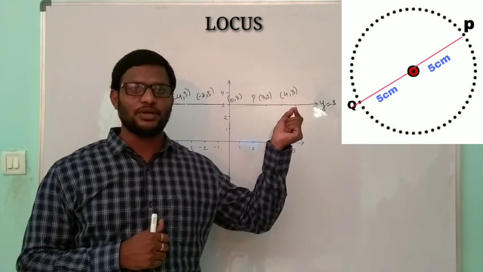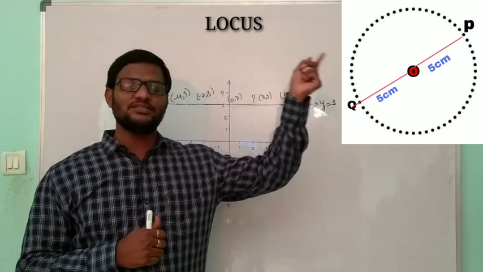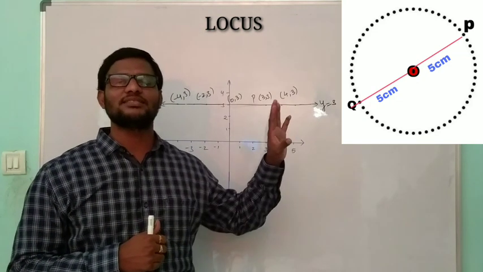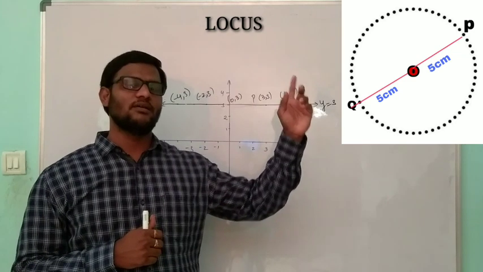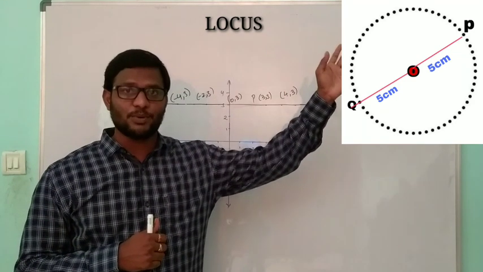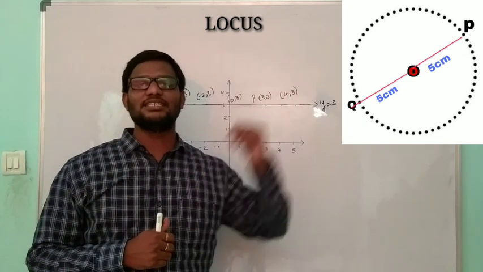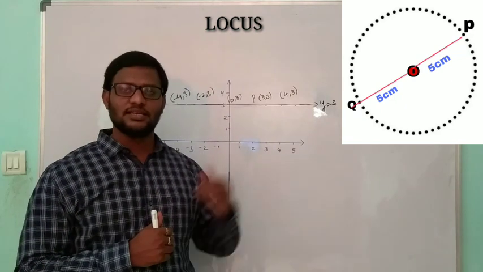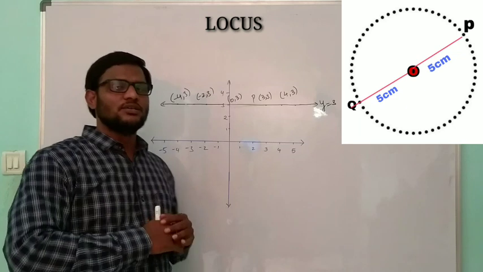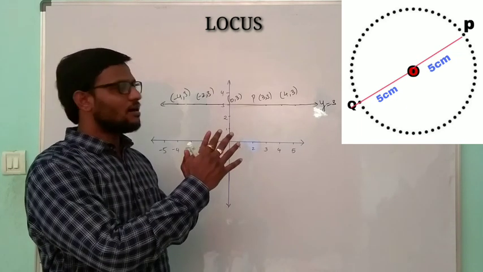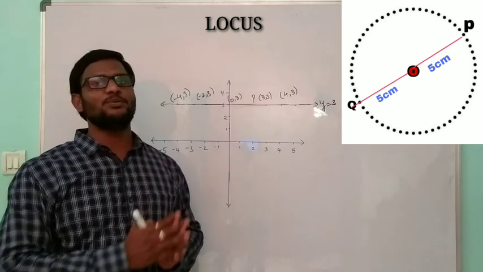That is a fixed point, O. Let us take 5 centimeters. If P is a point and O is the center, the distance from O to P is 5 centimeters. And if you take Q, the distance from O to Q is also 5 centimeters. So all these infinite points are at a distance of 5 units from the center.